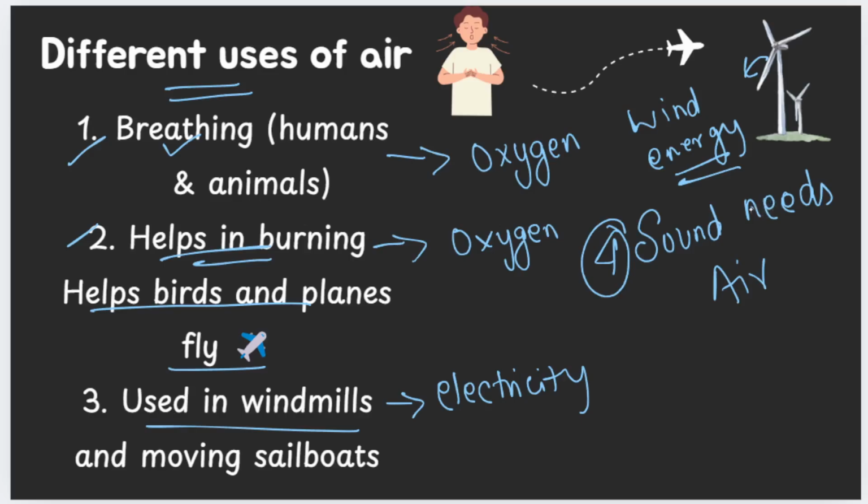So sound travels through air. First is breathing, second is burning, then birds and planes fly, then windmills, and the fourth is that sound needs air to travel. So these are the different uses of air.